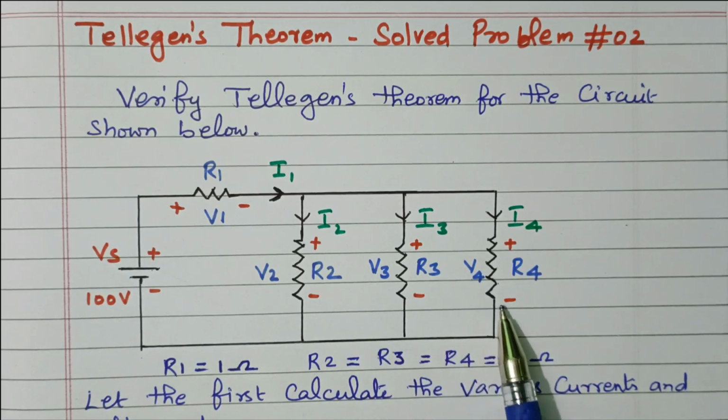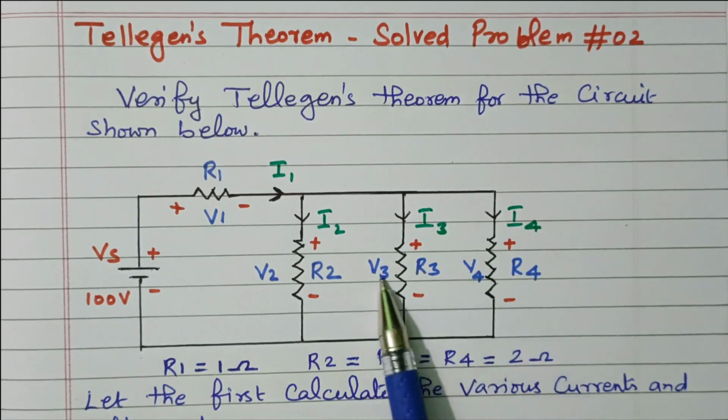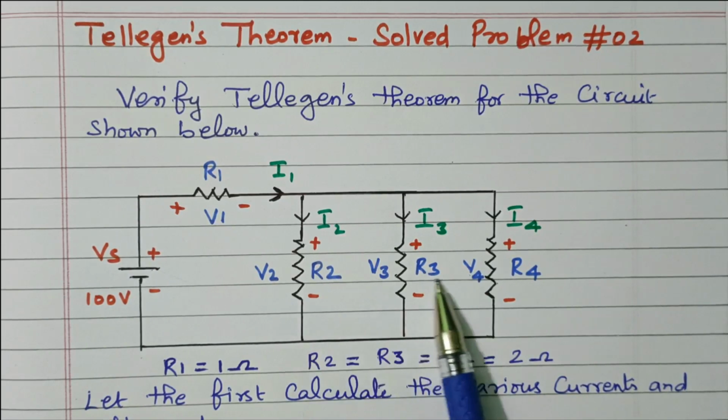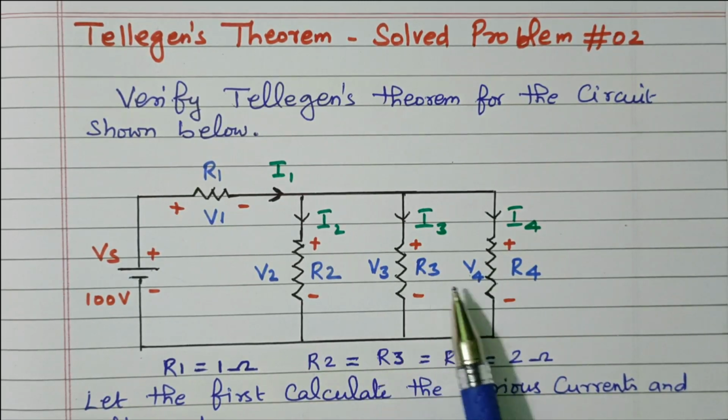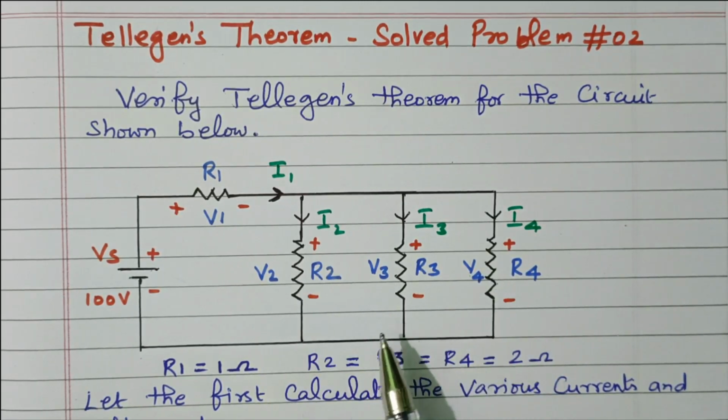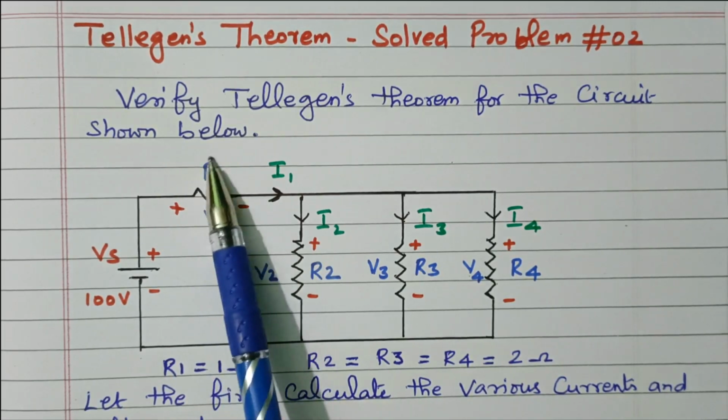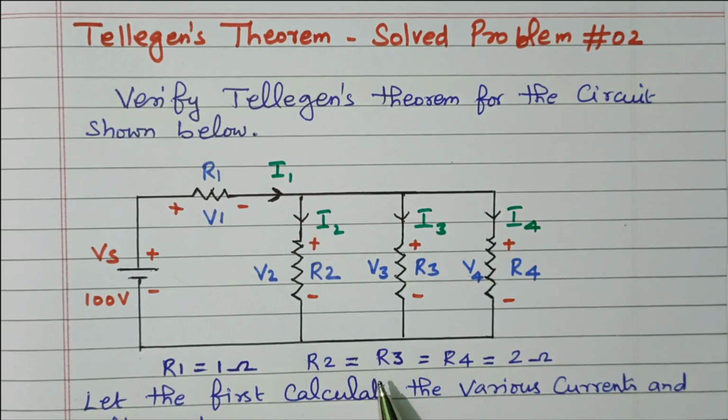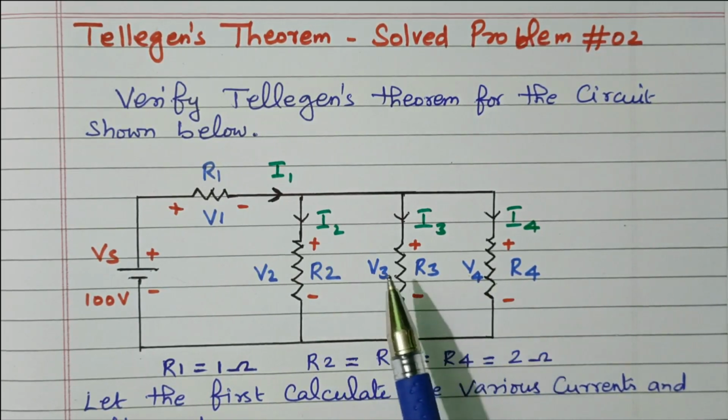By analyzing the circuit, it is clear that R2, R3, R4 are connected in parallel. It is given that R1 is 1 ohm, and R2, R3, R4 are 2 ohm each. All of them have the same value.